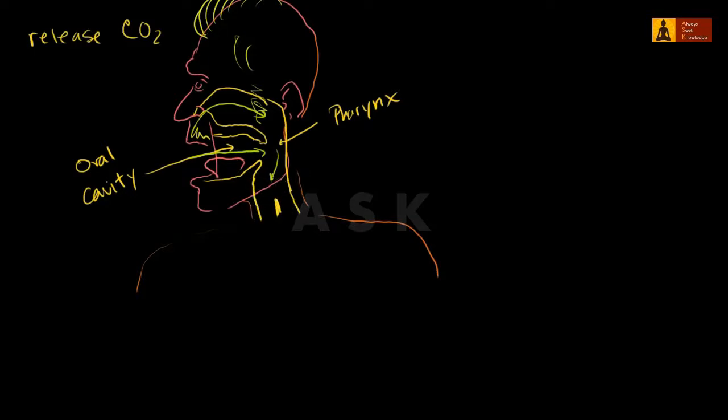So in the back, behind your air pipe, you have your esophagus. Let me make that in another color. So this right here is your esophagus. And then right here is your larynx.